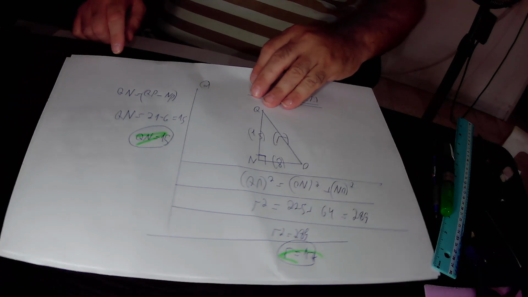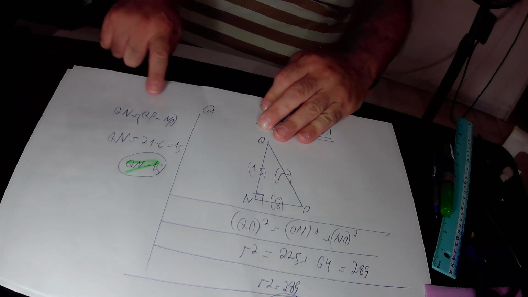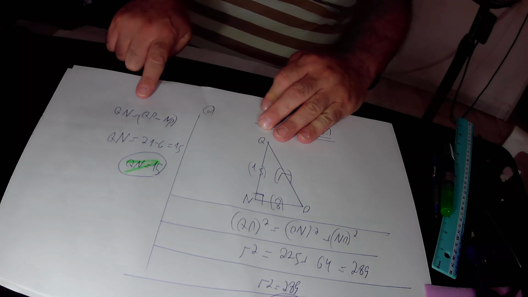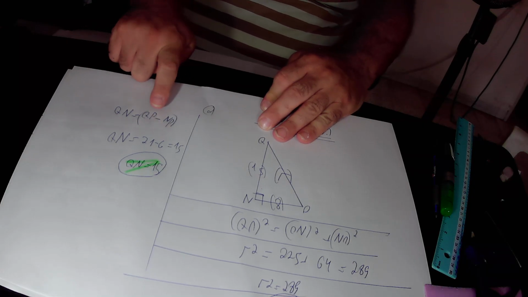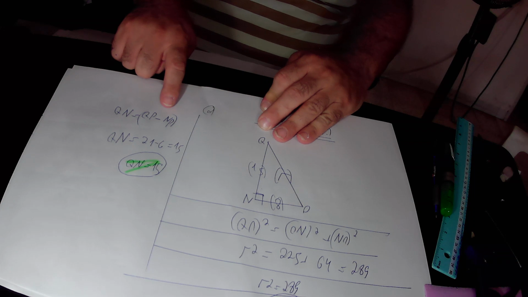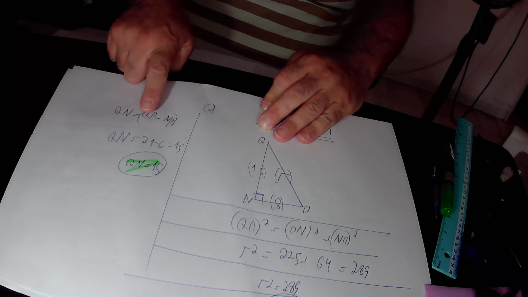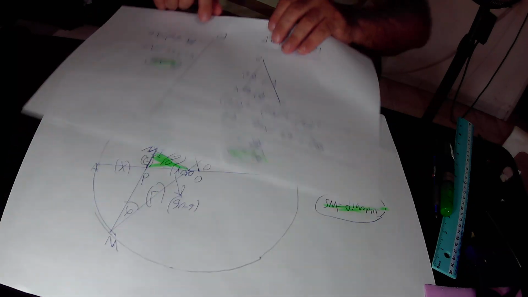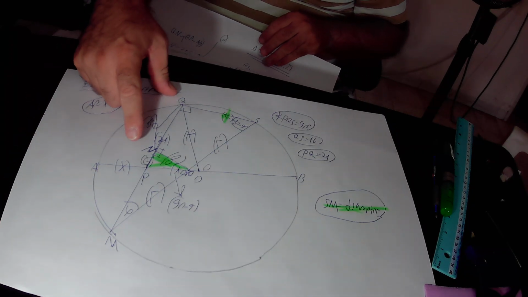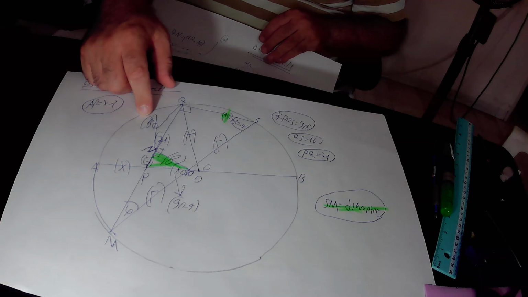From the drawing it is very easy to see that QN equals QP minus NP. Again, QN equals QP minus NP. So QN equals QP, which is 21, minus NP. We just found out that NP equals 6. So in total QN equals 21 minus 6, that is 15. Again, this is the missing side QN, that is equal to 15 units in length.